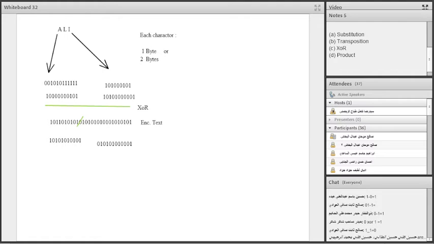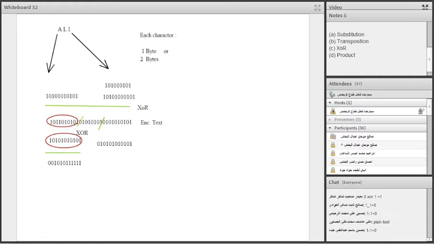You divide the bytes, and then again you get the result. XOR it with the key, and again you get XOR. Okay, and what comes out here is, for example, this one.